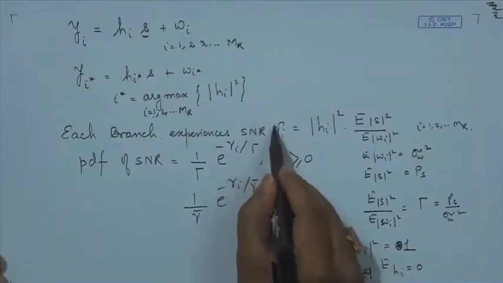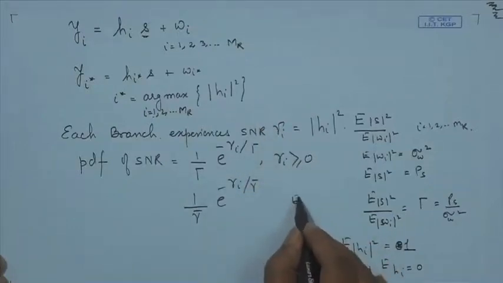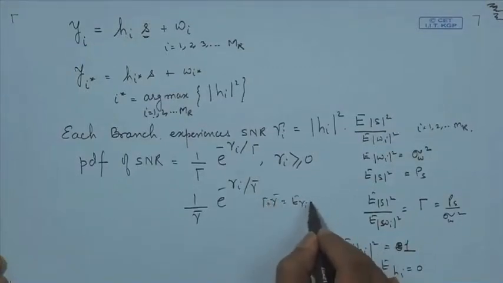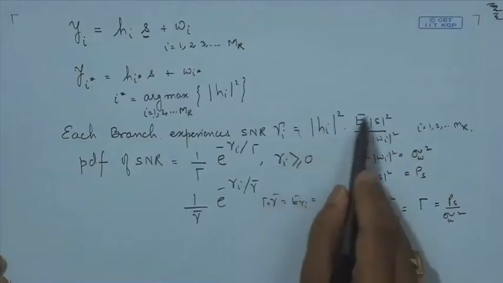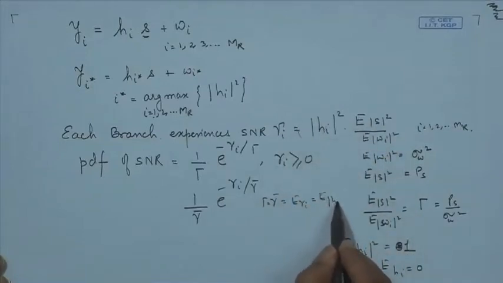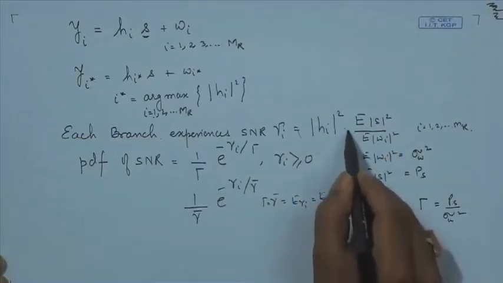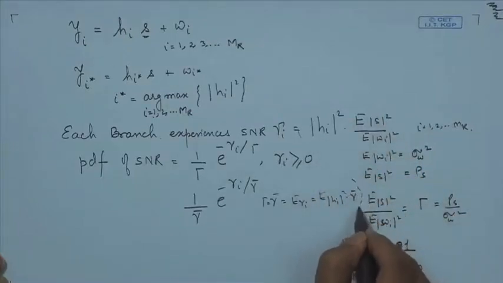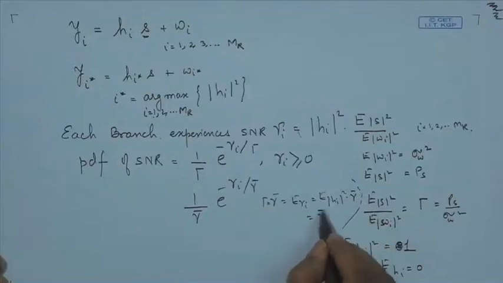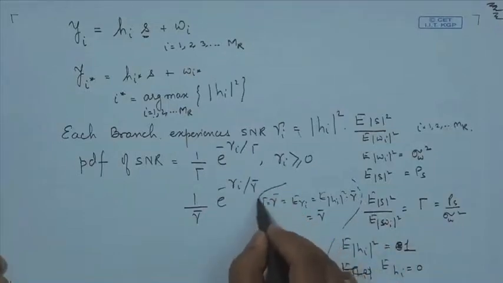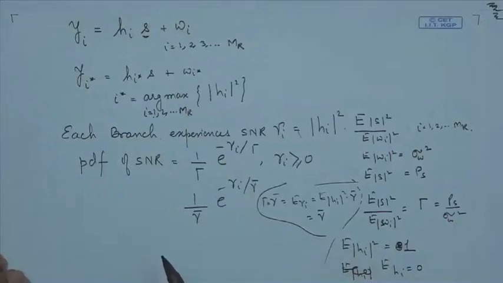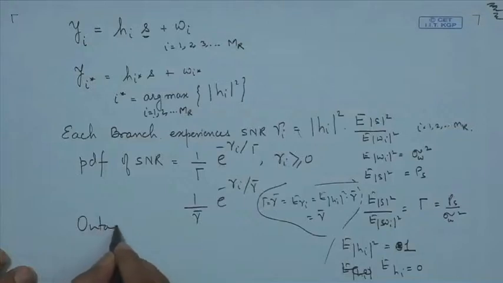Now if you take the expectation of gamma_i, which is equal to gamma bar or capital gamma, it is the expectation of mod h_i squared times the expectation of the rest, which is itself. E of mod h_i squared is 1, so that is gamma bar. This is the notation which you could write for this case, and we could calculate the outage probability.